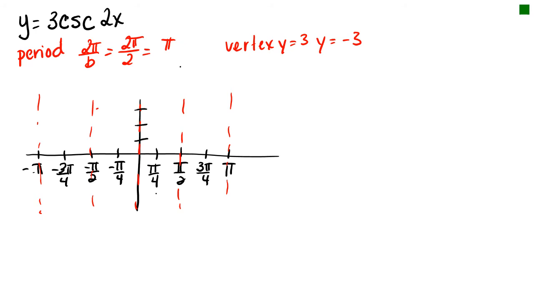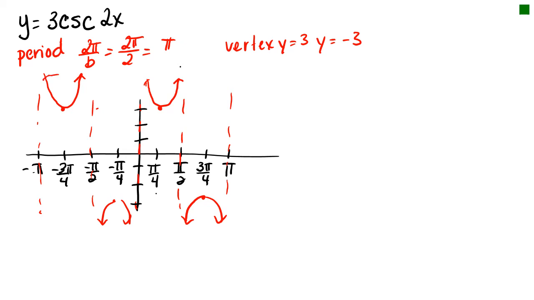1, 2, 3, 1, 2, 3. Start up here, graph, down here, graph, another one down here, and one up here. Okay, so there's my cosecant.